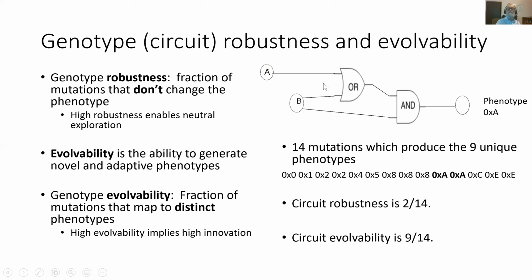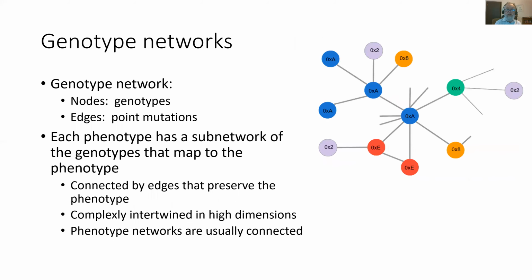So that says that the robustness is 2 out of 14. The evolvability is the fraction of mutations that map to distinct phenotypes. And in that list of mutation phenotypes, there are 9 unique phenotypes. So the circuit evolvability is 9 out of 14.